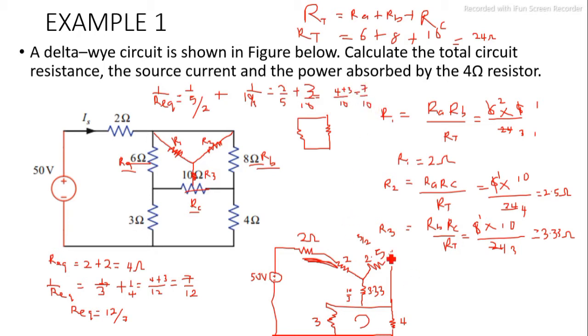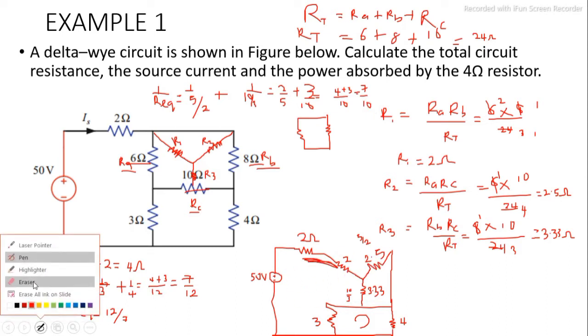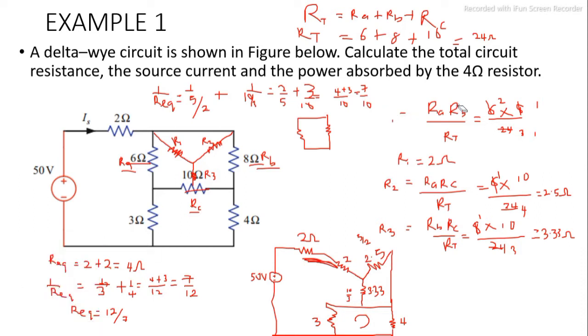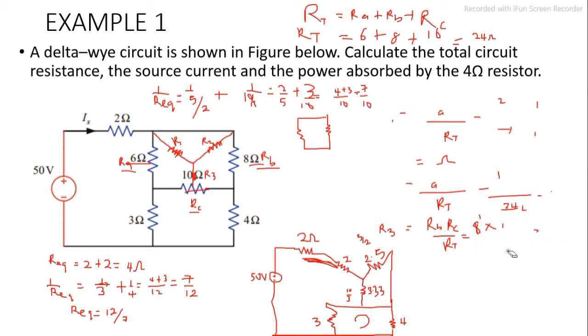So let's now redraw the circuit. Let me cancel this. We have now our R1, R2, and R3 already. I'll still use the second direction for your star to see maybe we are going to get the same answer.